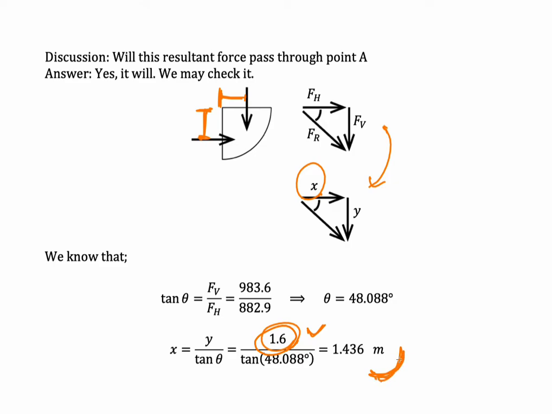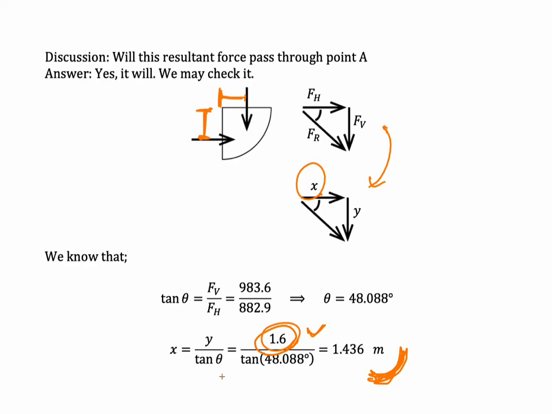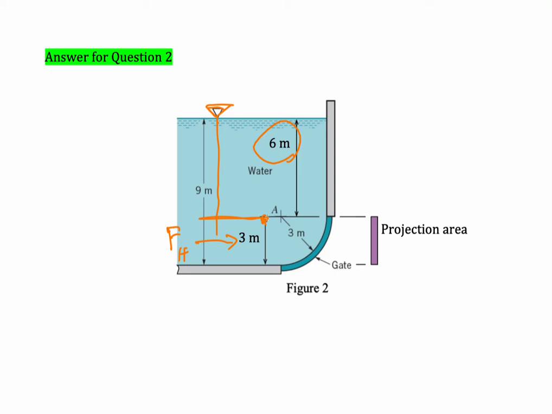If we compare this result with the result from the moment approach, we get the same value of x_R. So even though the water is above the center point of this circle, the resultant force that acts on this quarter circle shaped gate passes through the point A, which is the origin of the circle.